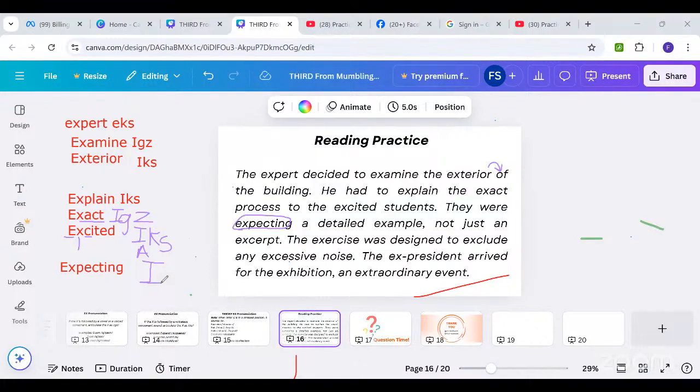What sound should the X make? X, very well. So how do we pronounce the word correctly? Expecting.